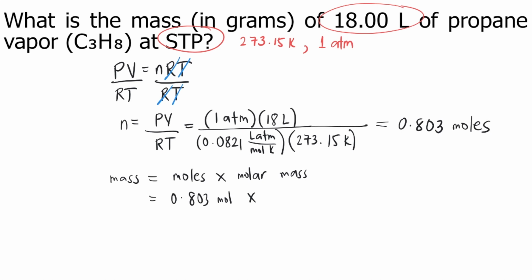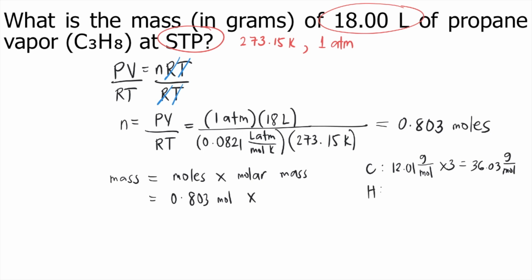So I want you to look at your periodic table. You'll see there that the molar mass of carbon is 12.01 grams per mole. And in C₃H₈, there are 3 carbons, so times 3. So 12.01 times 3, that's 36.03 grams per mole.